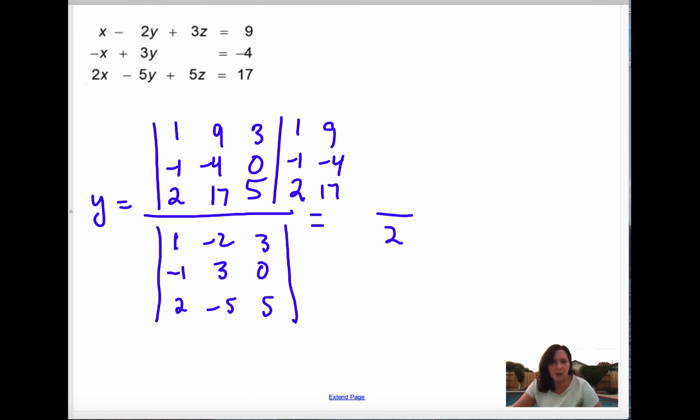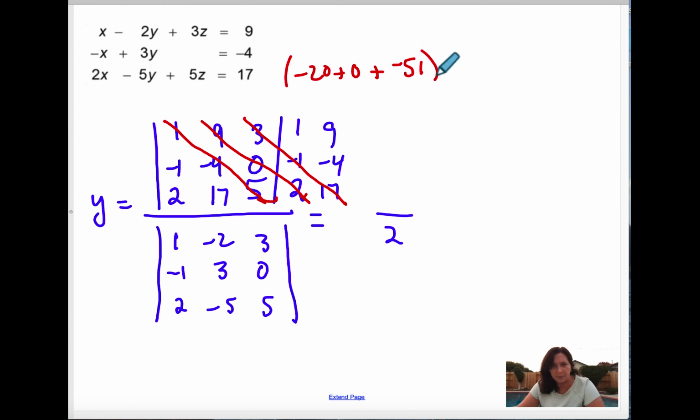So when I multiply across, 1 times negative 4 times 5 is negative 20, plus 9 times 0 times 2, which is 0, plus 3 times negative 1 times 17, which is negative 51. And then subtract, going the opposite direction.